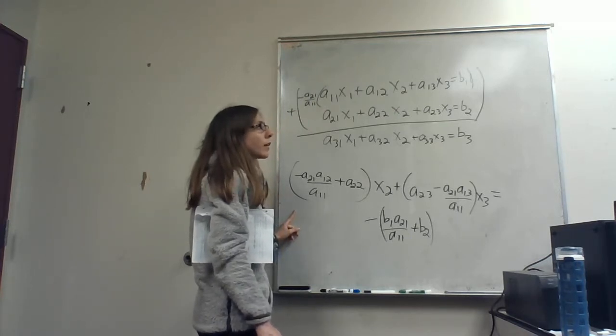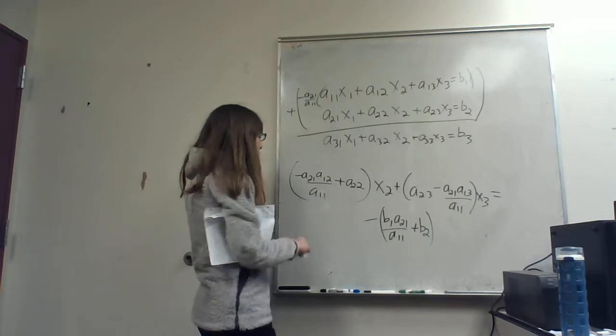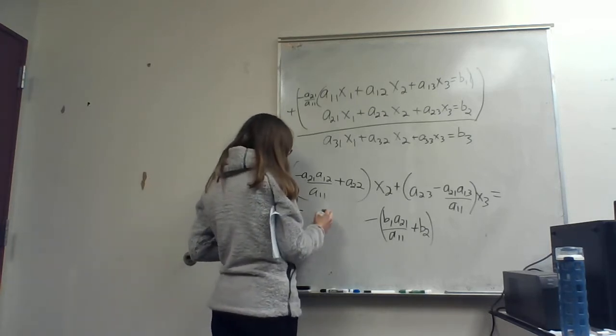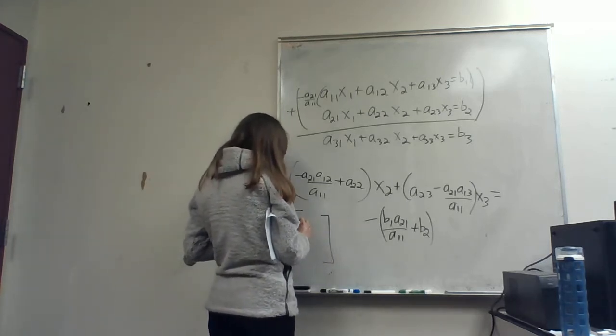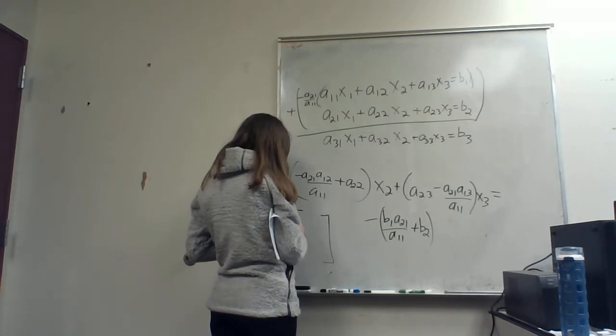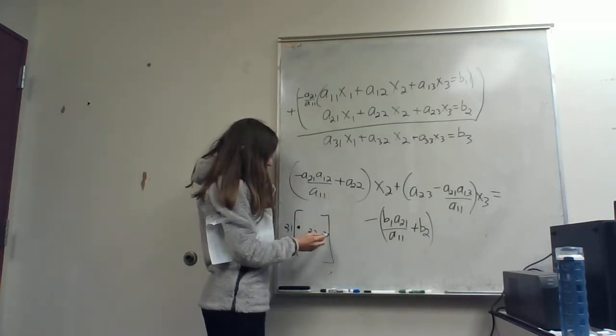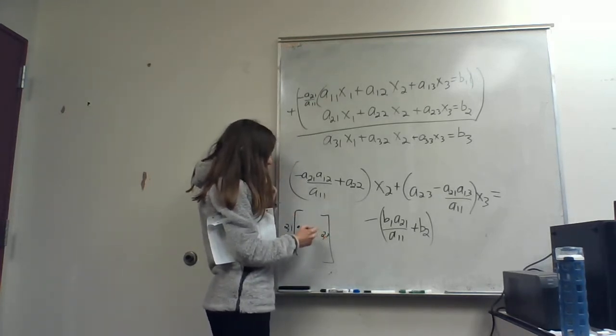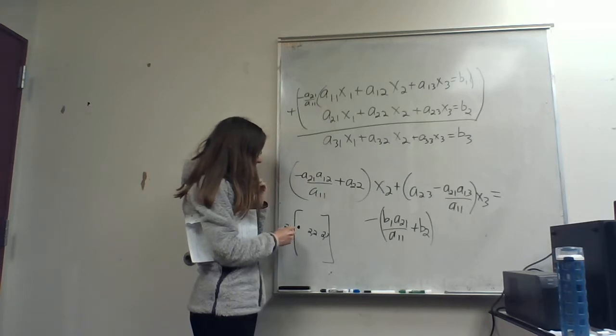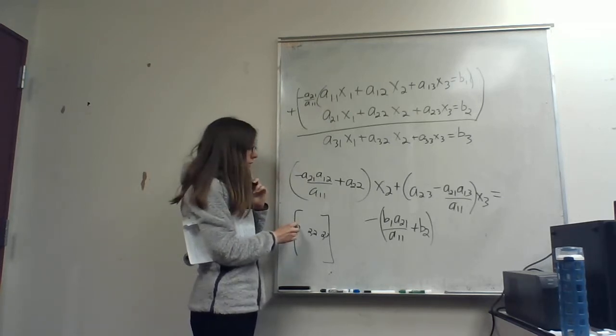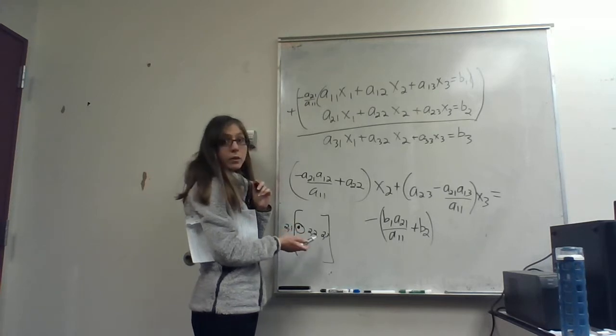This is the 2,1 position. This is 2,2, and this is 2,3. So you want it where the row index, number 2, is greater than the column index of 1. For any of those, you want to take it as a 0 in that position.